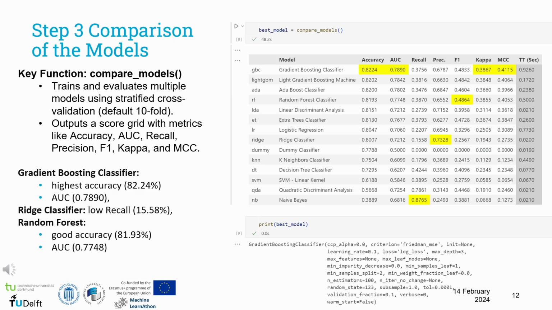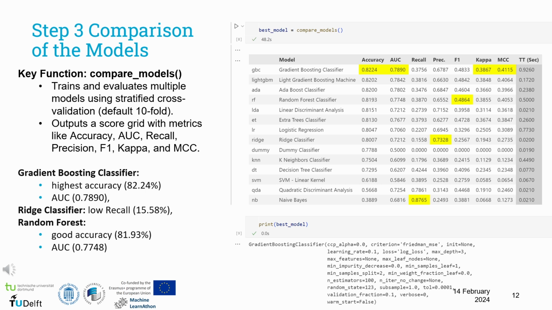These include accuracy, AUC, area under the curve, recall, precision, F1 score, kappa, and Matthews correlation coefficient, abbreviated as MCC. This process provides a fast and effective way to determine which models perform best on a given dataset according to the metric that matters most for the task at hand.